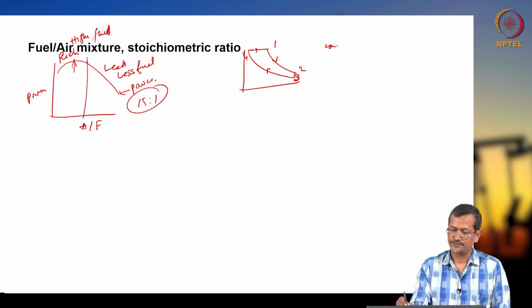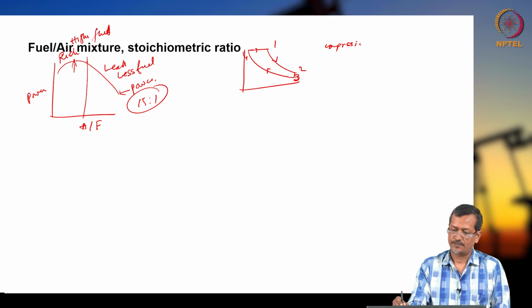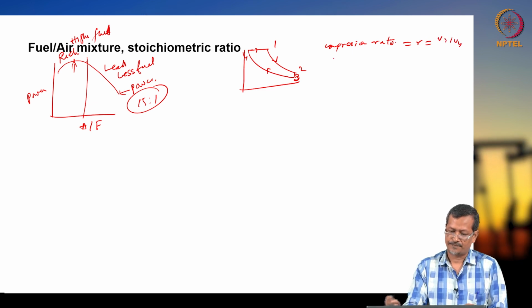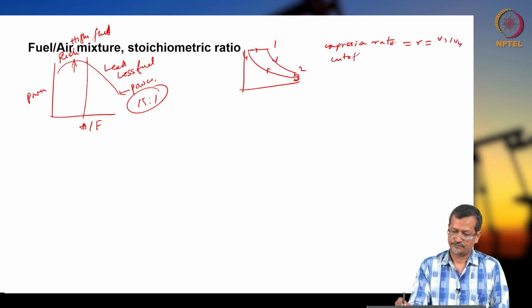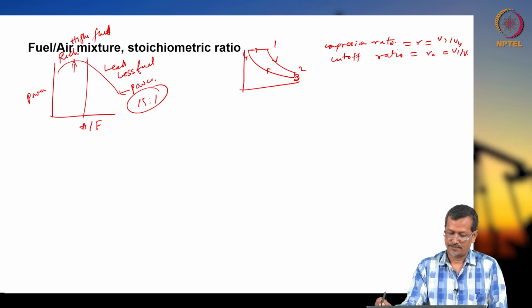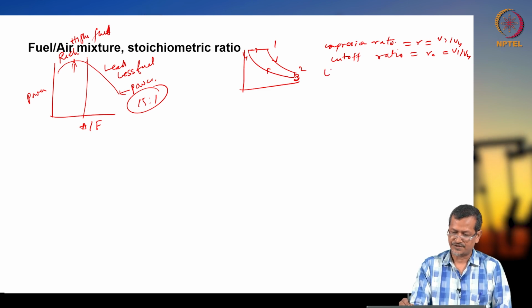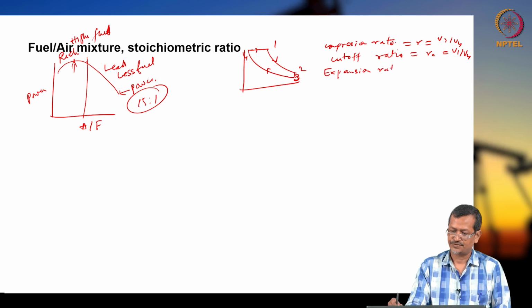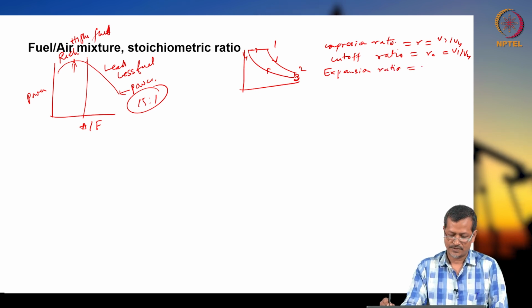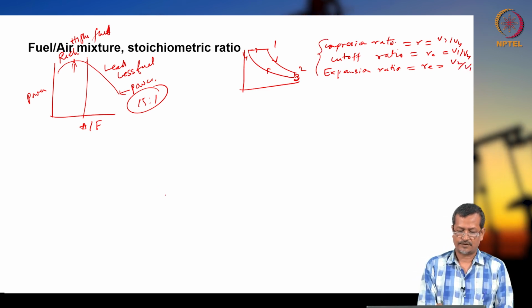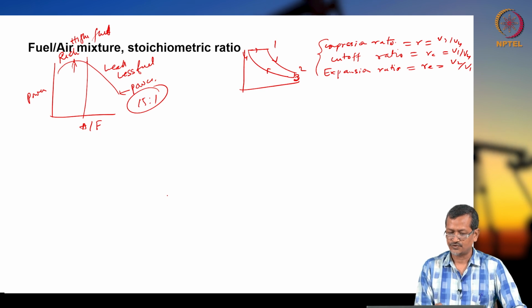So compression ratio R equals V3 by V4, cutoff ratio RC equals V1 by V4, expansion ratio RE equals V2 by V1. You may use these formulas later, but you should remember them.